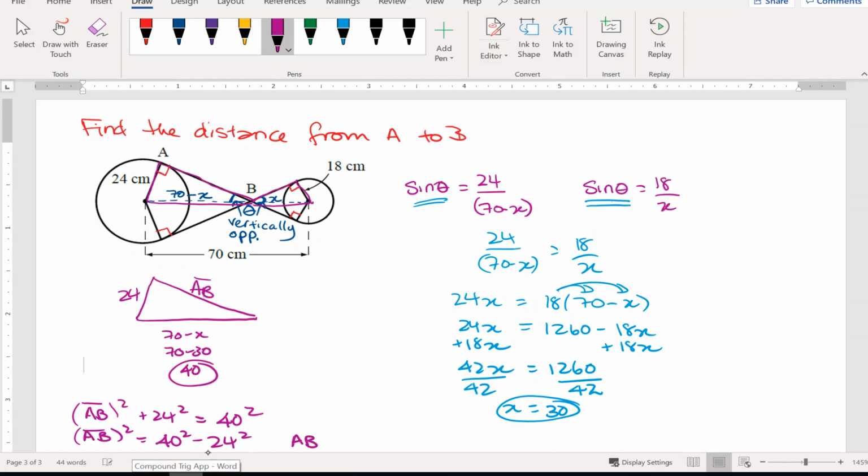So AB squared is equal to 1,024. And taking the square root of both sides to cancel that, we're left with the length from A to B is 32 centimeters.